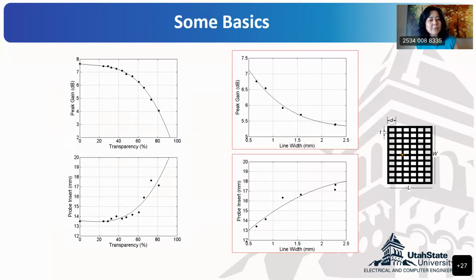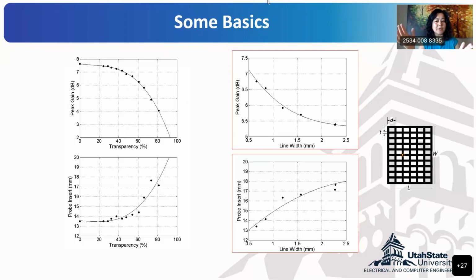So some previous studies have been done. The result that you see on the left-hand side tells us that if we have a patch antenna and we say the mesh line width is already fixed, then the higher transparency means lower gain, which makes sense.